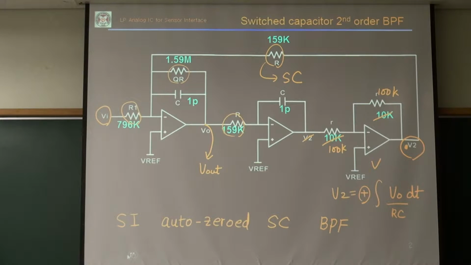Stray insensitive, auto-zeroed. For the polarity inversion, yeah, we can implement this multiply by -1 by changing the switches. Yeah, by changing the position of phi 1 and the phi 2 switches, we can implement polarity inversion. So we'll use 2 op-amp, many switched capacitors. Okay.